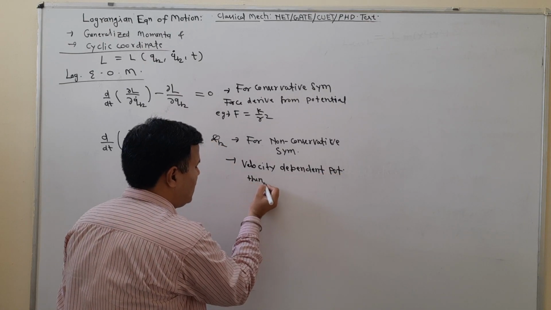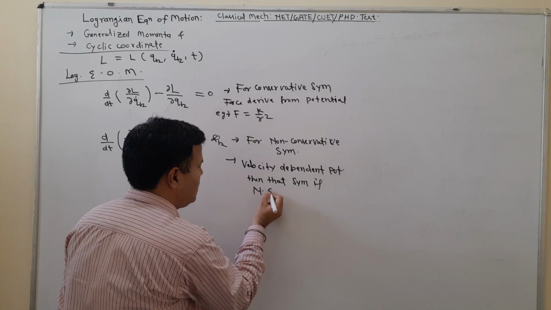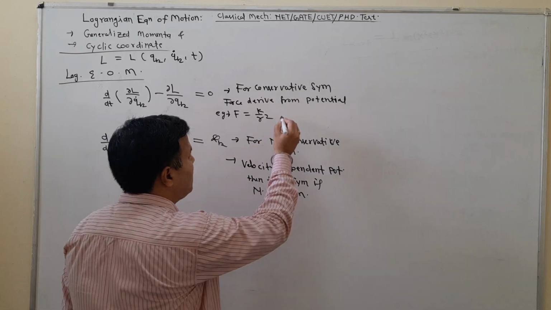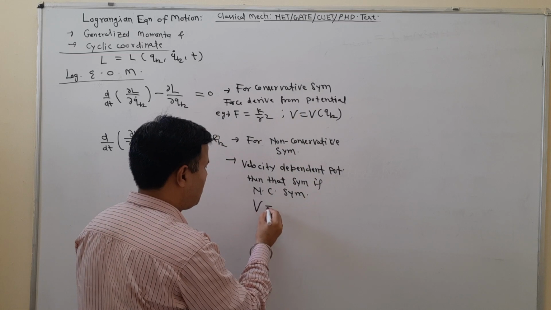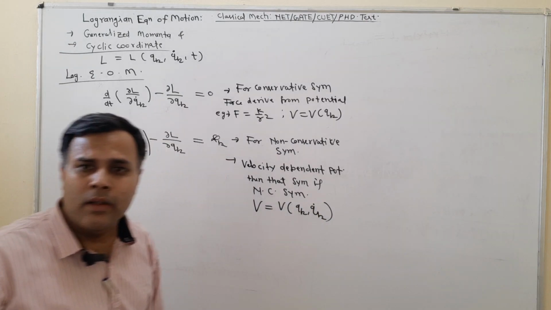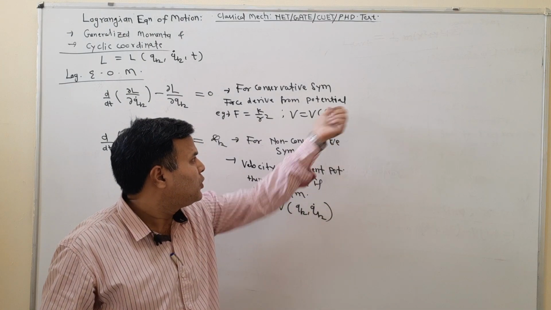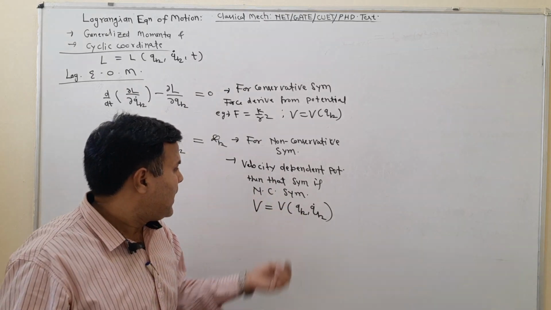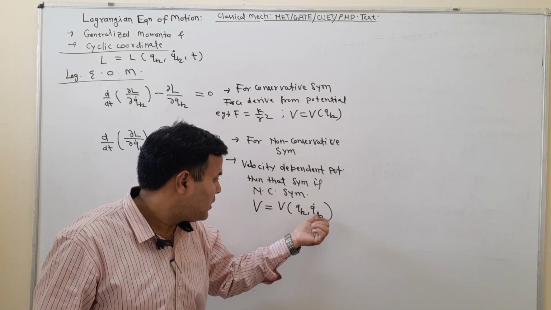If we have a velocity dependent potential, then that system is a non-conservative system. And if we have a potential which is a function of only position, or only qk, that is a conservative system. In the other case, our potential depends upon the generalized coordinate as well as the generalized velocity, qk and qk dot.